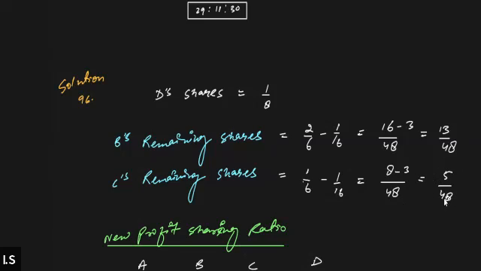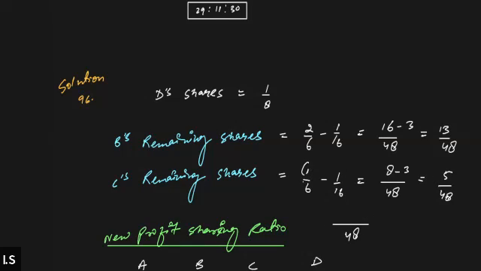Is that correct, Zainab? Sir, from where did we get this 8 minus 3? Okay. You know how to take the LCM? You got the LCM of these two values, 6 and 16, as 48. Now we need to divide 48 by 6. When you divide 48 by 6, how much do you get? 8.